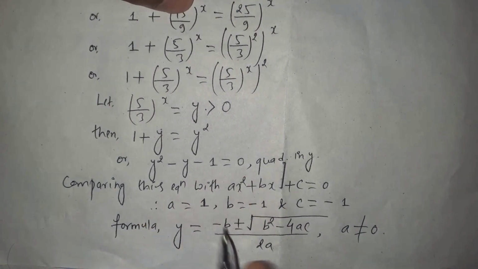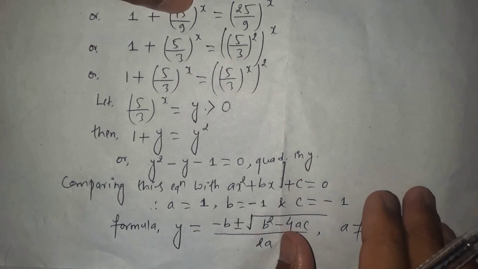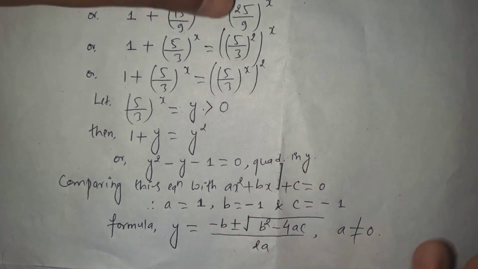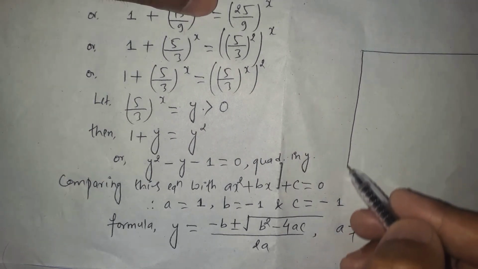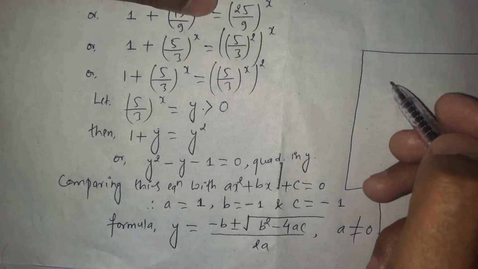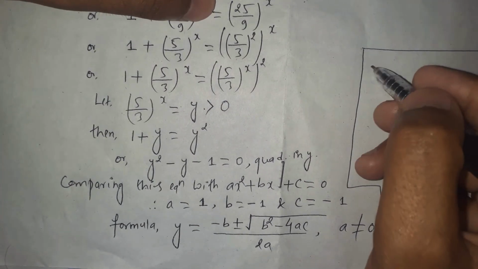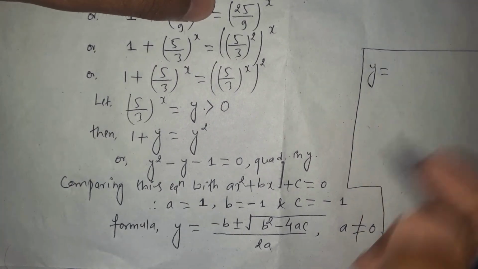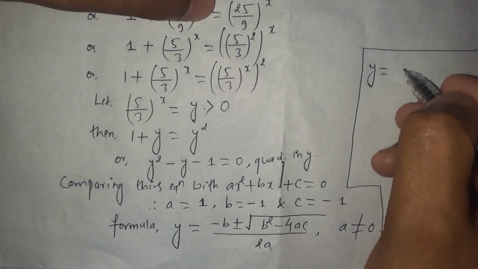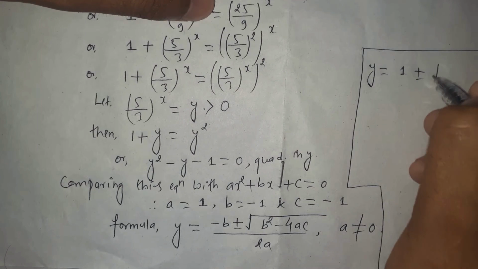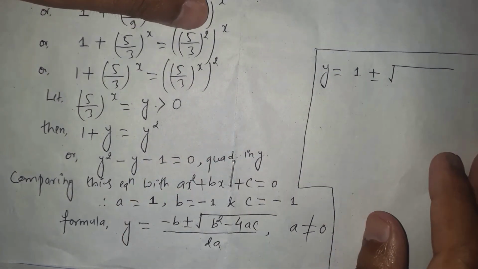Now let's plug in the values of a, b and c in this formula. Then the expression will be negative b, and negative of negative 1 is just 1, plus or minus square root of b square.